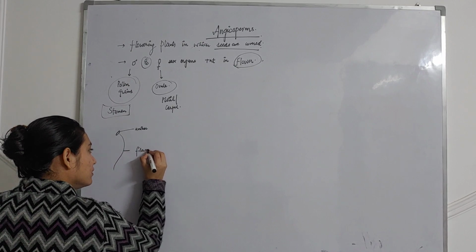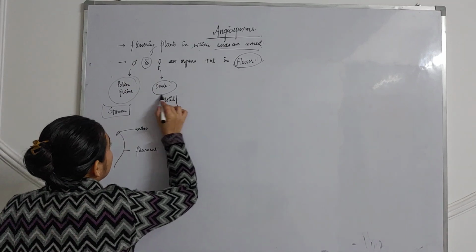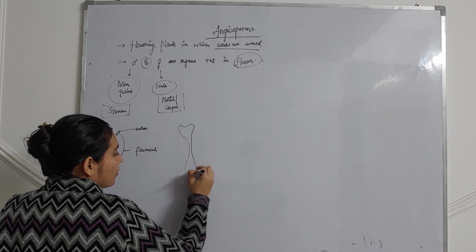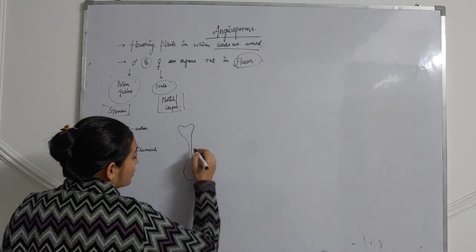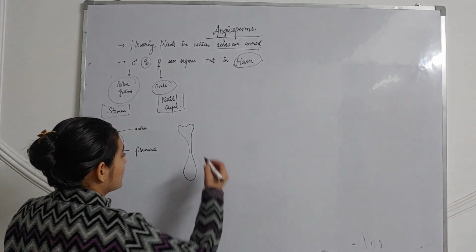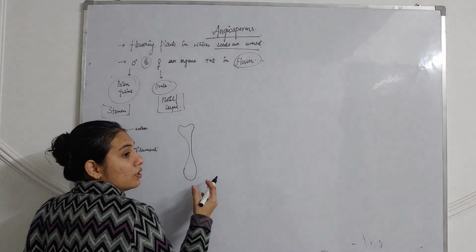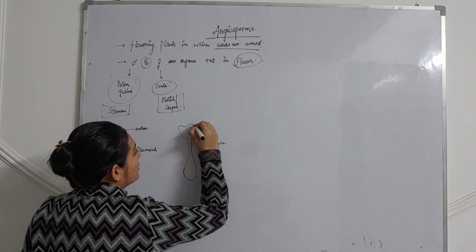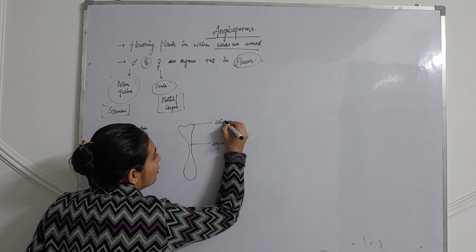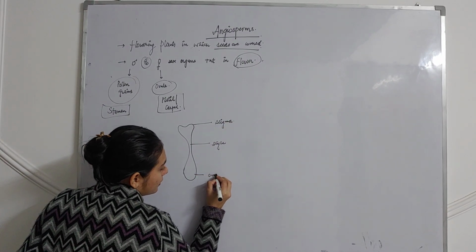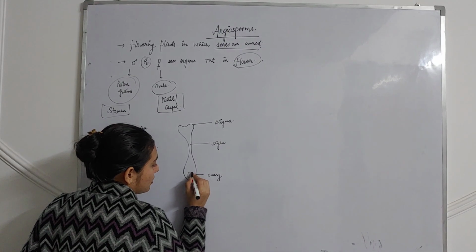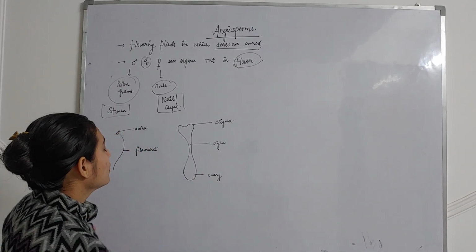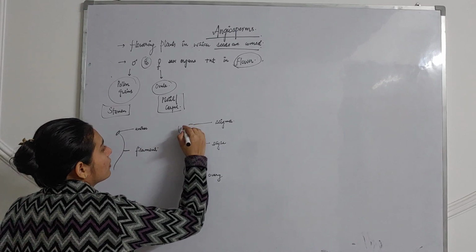This is the filament. Now the pistil or carpel: a long cylinder-like structure connecting the top and the lobe structure lower down is the style, and the top platform is the stigma on which pollen grains land, and this is the ovary in which ovules are present.